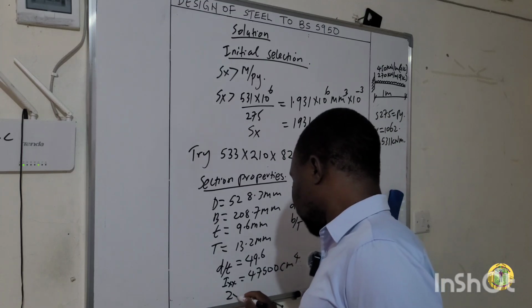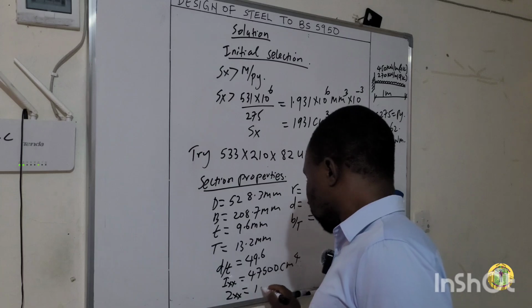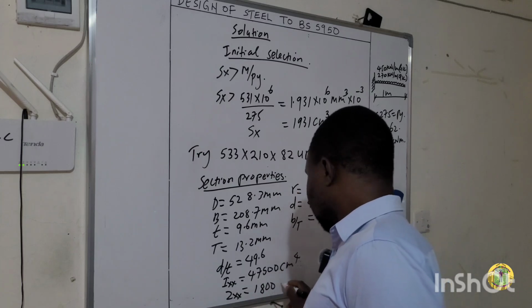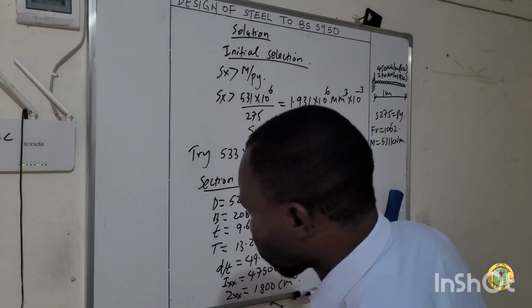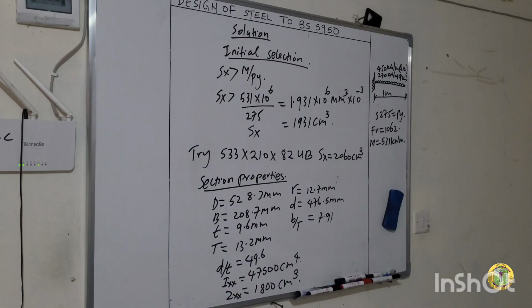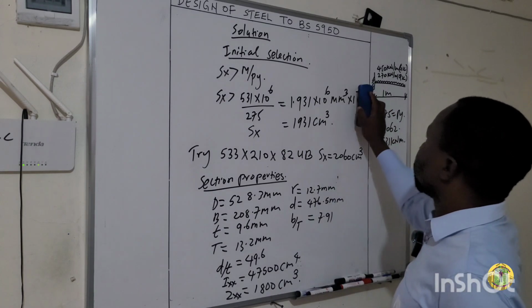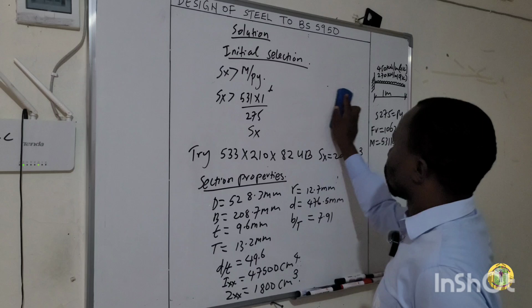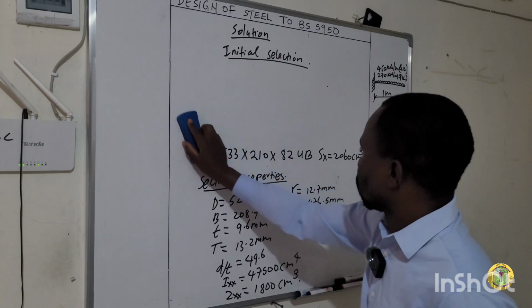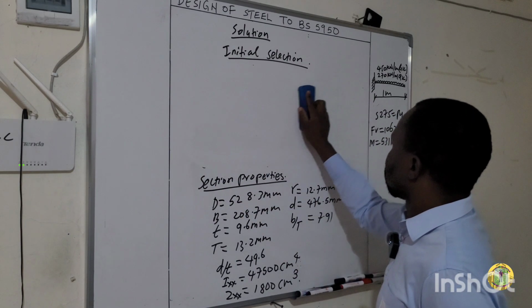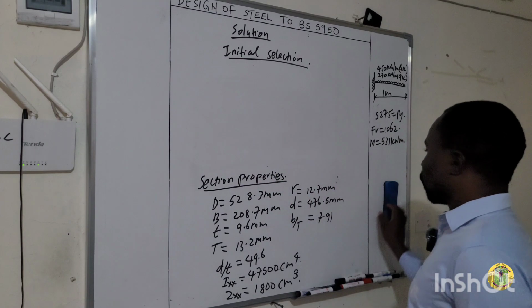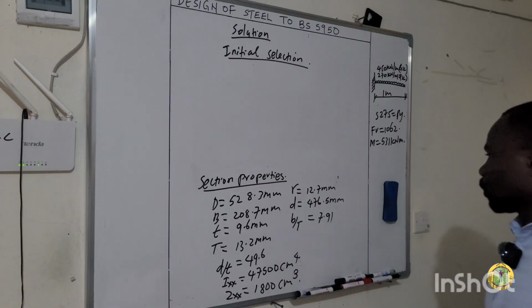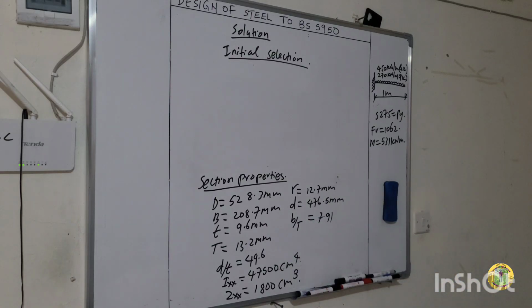We have that ZXX is equal to 1800 centimeter to power of 3, like that. Now we proceed to strength classification. We want now to classify the strength of this section. So these section properties, we will use them in our proceeding calculation.